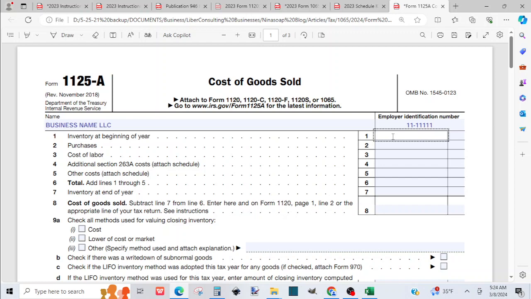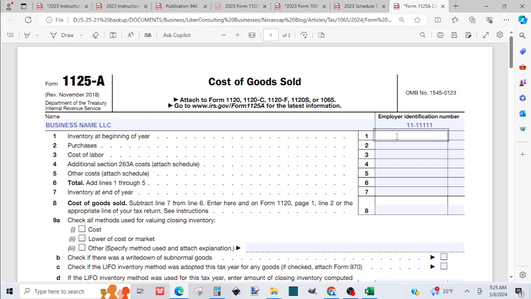But if it's not your first year in business, then you need to use your December 31st of last year year-end inventory, which will be the same as January 1st of the year you are filing for.